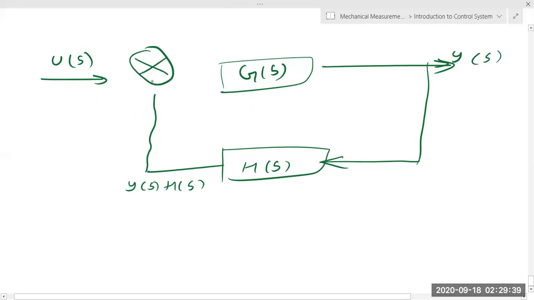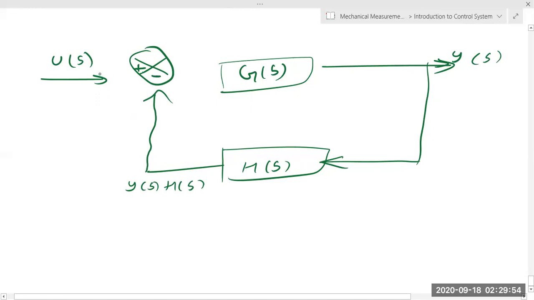Suppose the feedback is meant to reduce the signal, because the signal is more than desired. So this summation point will be negative, and this will be positive because it is adding into the system.